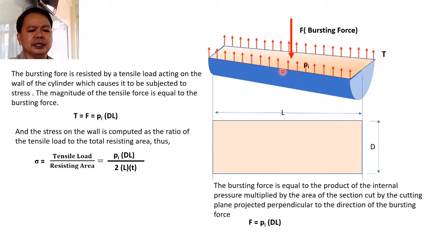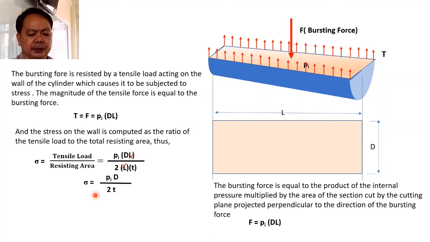And because this is ineffective in helping the stress, therefore they are neglected in the computation for the stress, and it is assumed that only the wall of the vessel is carrying the tensile load that resists the bursting effect. And therefore, the total resisting area is just equal to twice the length of the vessel multiplied by the thickness. And therefore, if this is simplified, L will cancel, therefore stress will become equal to P times D over 2T.